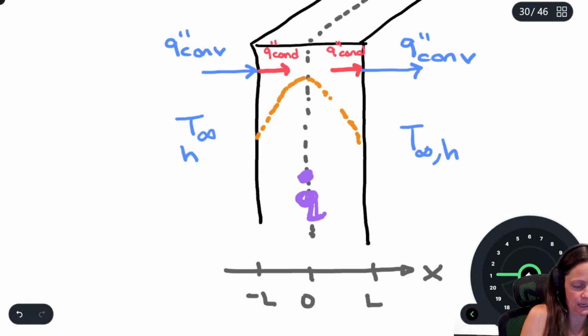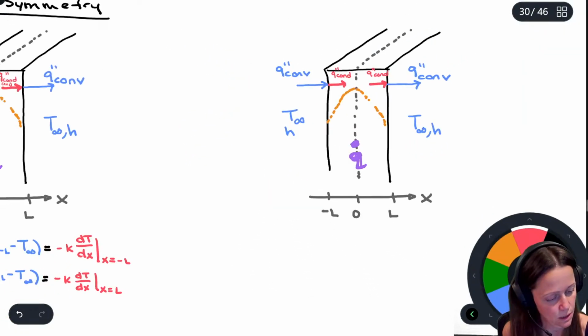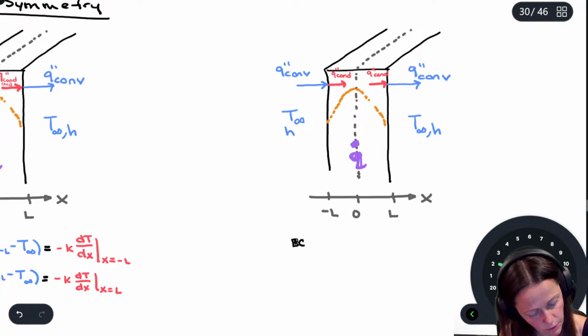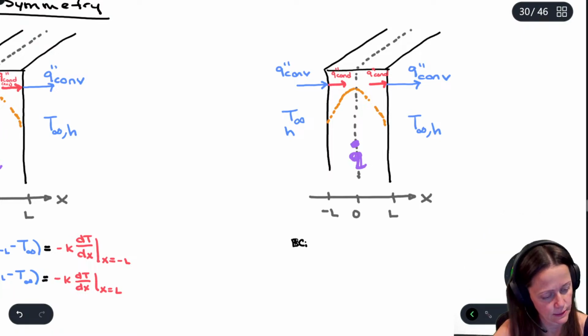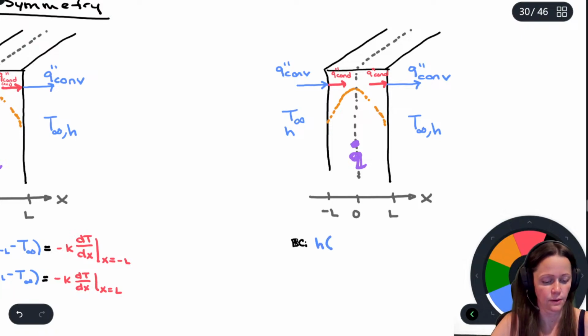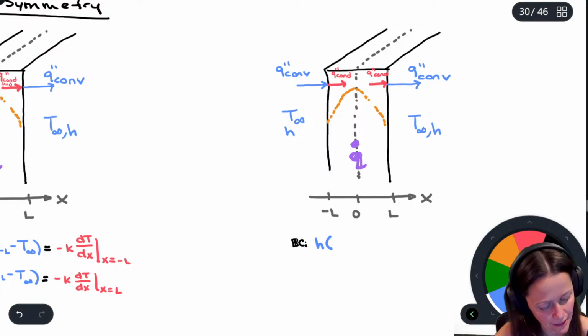And if I define my boundary conditions, I've got two of them. First one: I have h, and remember, I'm on the left-hand side at x equals negative L, so it's from the beginning of the arrow to the end of the arrow.